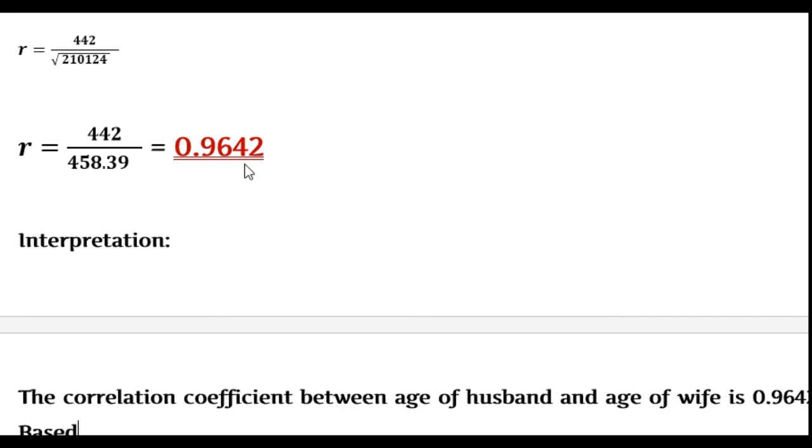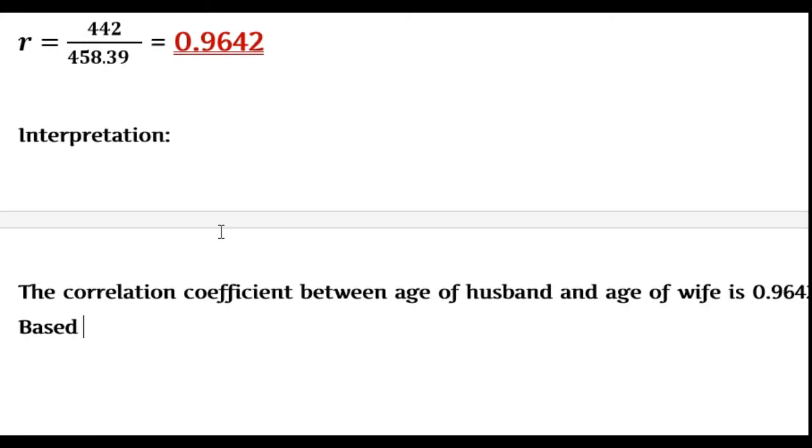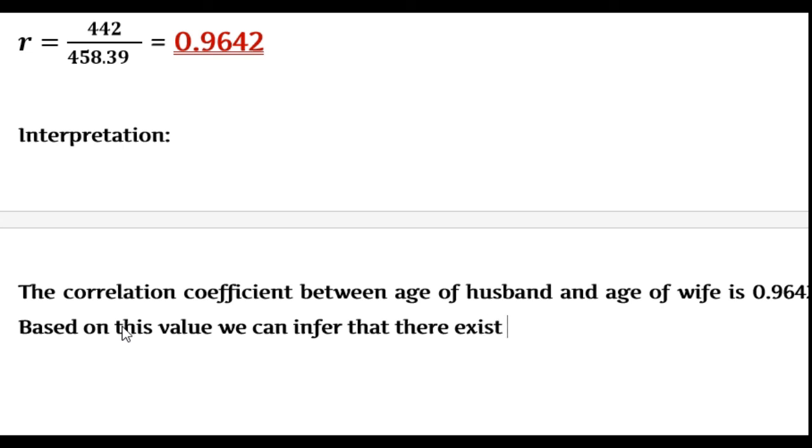Based on this value, we can conclude that there exists... Now you have to write about the strength. If the value is 0.7 or above, then we say high degree of correlation.